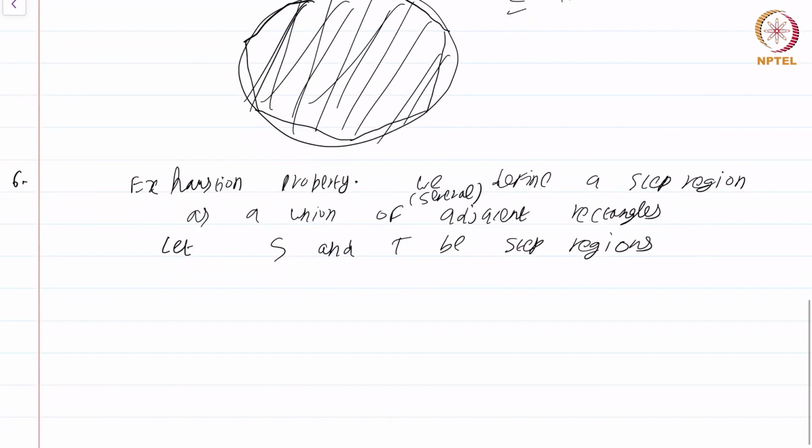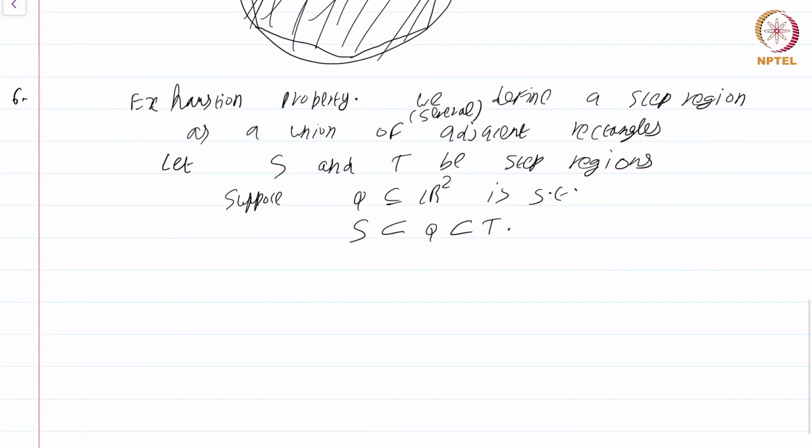Suppose Q, a subset of R2, is such that S is a subset of Q, which is a subset of T. So you can squeeze Q between these subsets.